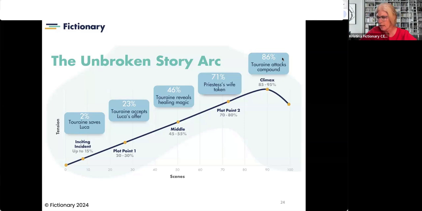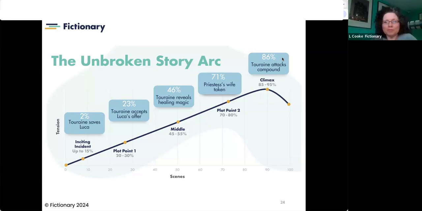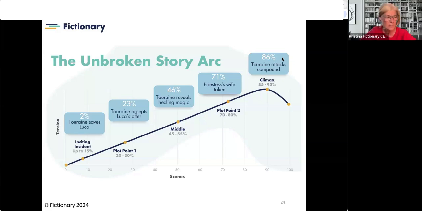so if we look at Feyre and Tamlin in A Court of Thorns and Roses, it's a good example. So her goal before the inciting incident, so in her ordinary world, is to feed her family because she wants to care for those she loves.